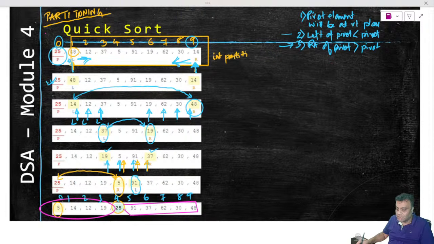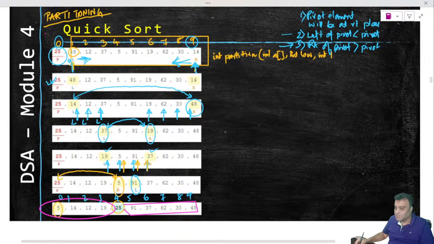So partition is the function I'm going to write, and I'm going to say that I have an array, int array, and I am going to pass the lower bound of the array, and I'm going to pass the upper bound of the array, which I will call high.